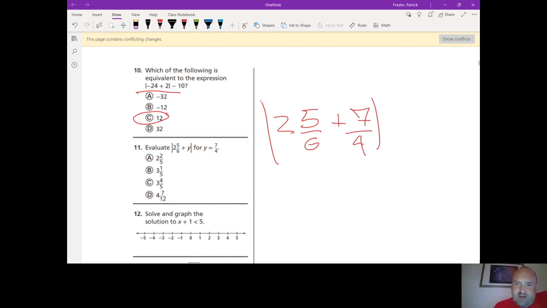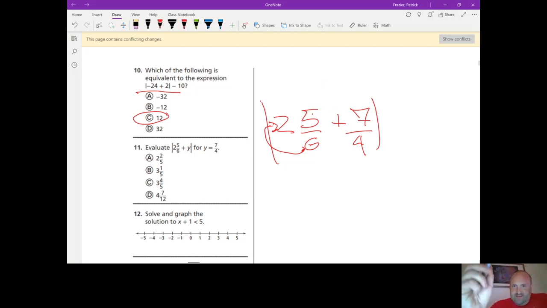The trick here, if you don't know this, is to take this denominator, the bottom number, and multiply it by the whole number. So that's 6 times 2, which is 12. And then 12 plus 5 is 17.